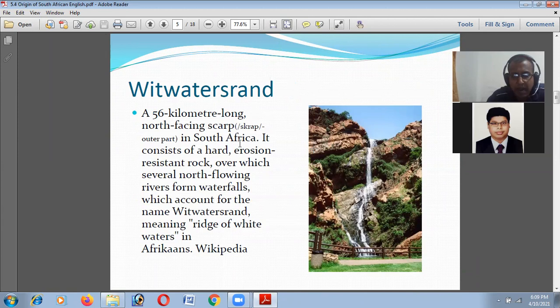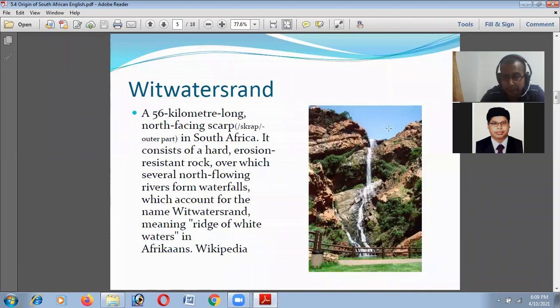It consists of hard erosion-resistant rock over which several north-flowing rivers form waterfalls, which accounts for the name Witwatersrand, meaning ridge of white waters in Afrikaans. So Afrikaans is the regional language.